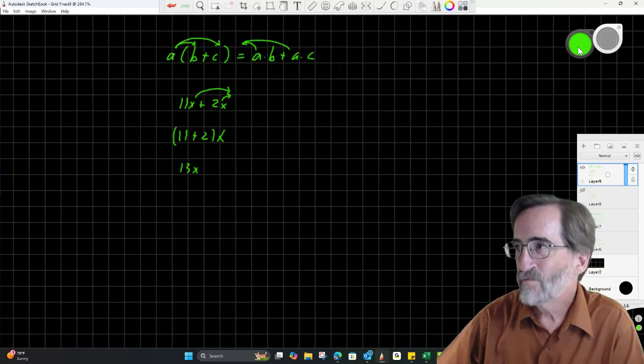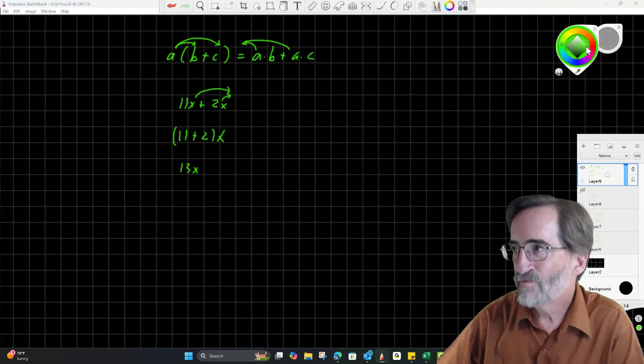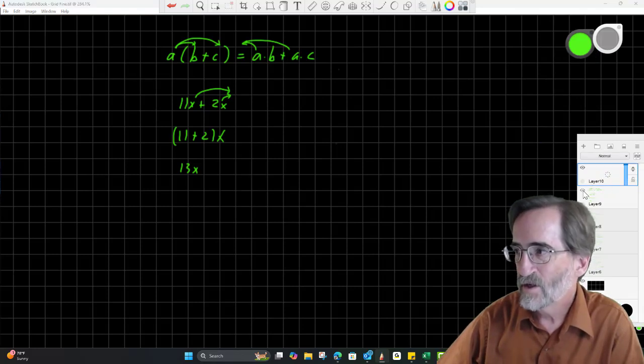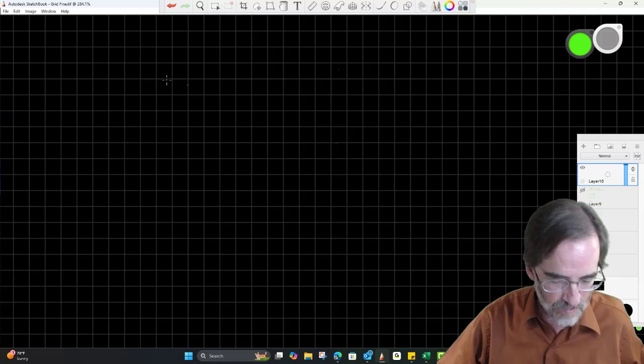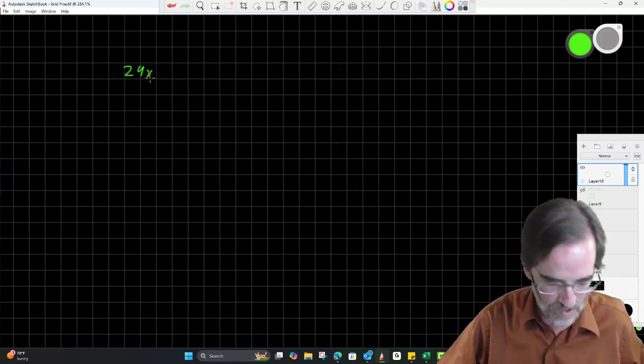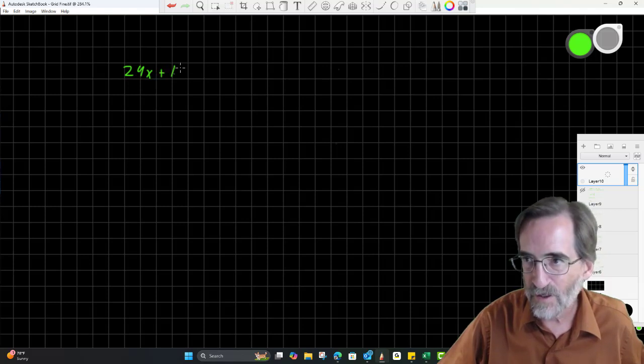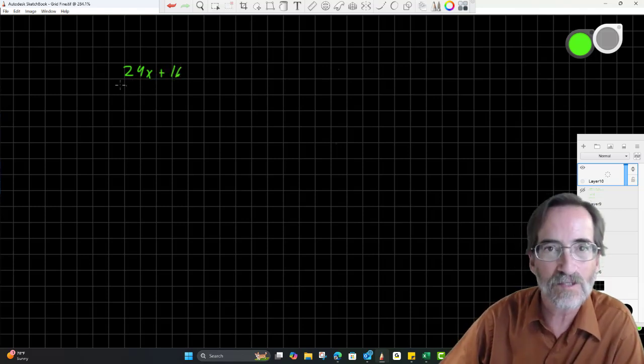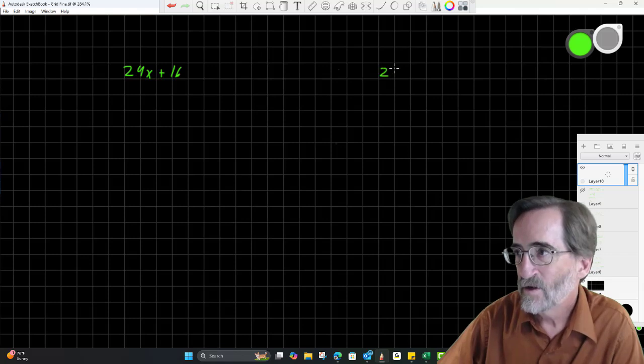Okay, but let me give you one more example where we would use the distributive property backwards, and that's this. It's called factoring. I'm going to start with 24x plus 16, and I'm going to rewrite both these numbers as a product of primes. 24 is 2 times 12. 12 is 2 times 6. 6 is 2 times 3.